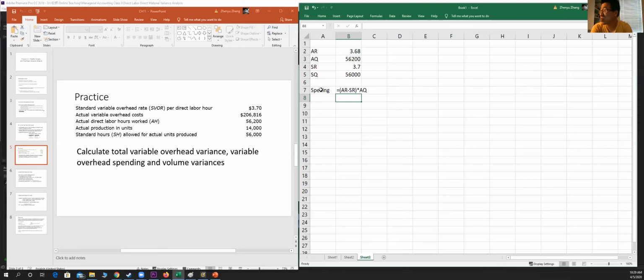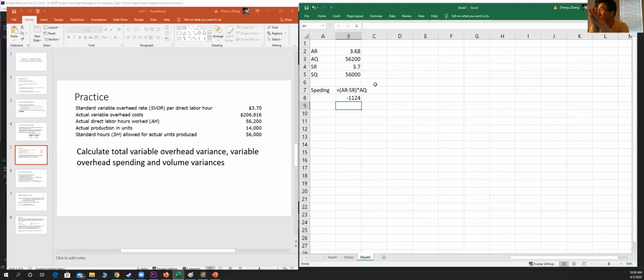That's the spending variance we talk about. We can see that actual rate is $3.68, standard rate is $3.70, and the difference between these will be multiplied with actual quantity, which is 56,200. So here it is 1,124 for spending variance.